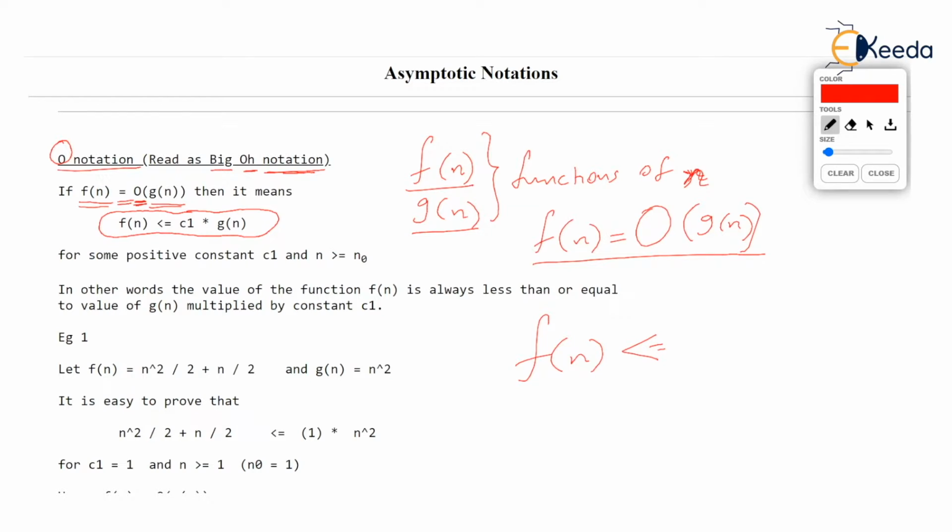But this g(n) on the right hand side is multiplied with some constant, you observe. It's always necessary that you multiply that g(n) with some constant. So that's why in the definition, we have said f(n) is equal to big O of g(n) means f(n) is less than or equal to c1 times g(n), where c1 is some positive constant.